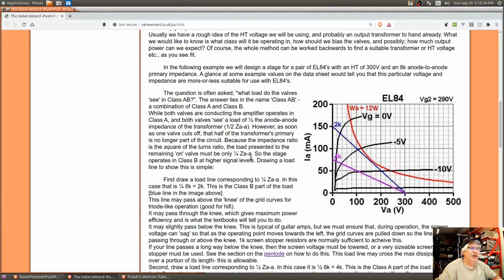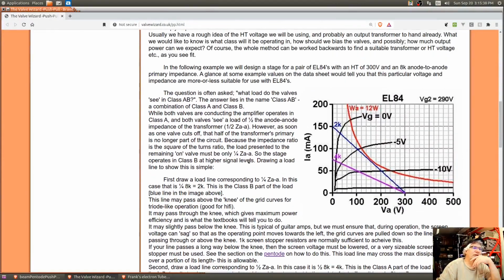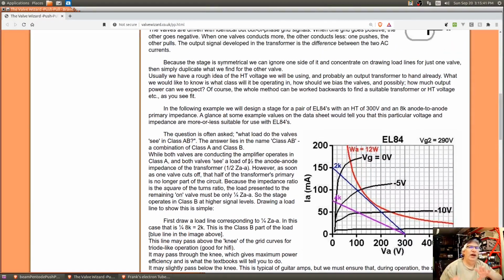It's a very interesting read, and it does tell you exactly how this ends up working and how that reflected impedance actually is when you look at the plate to plate.